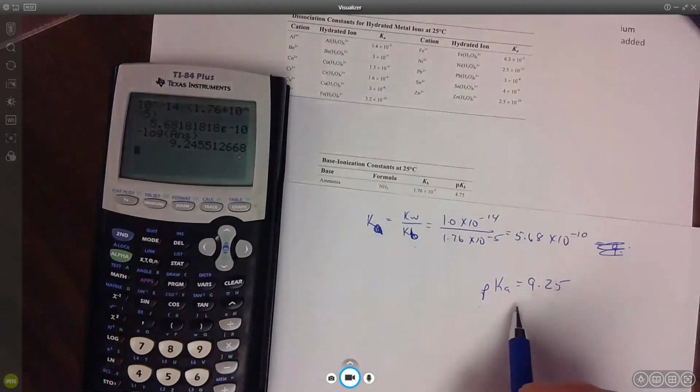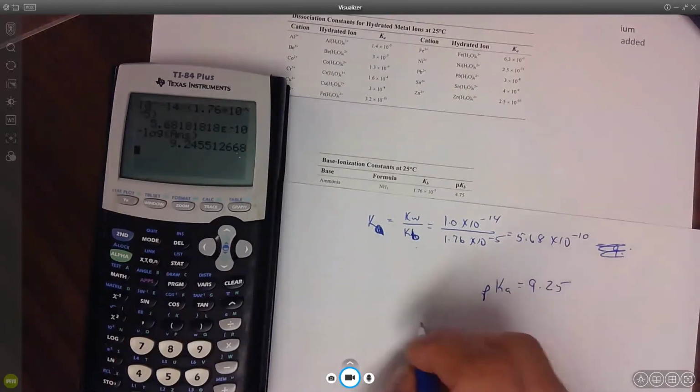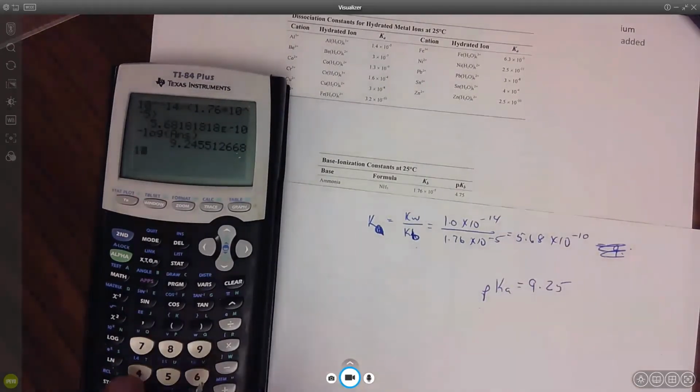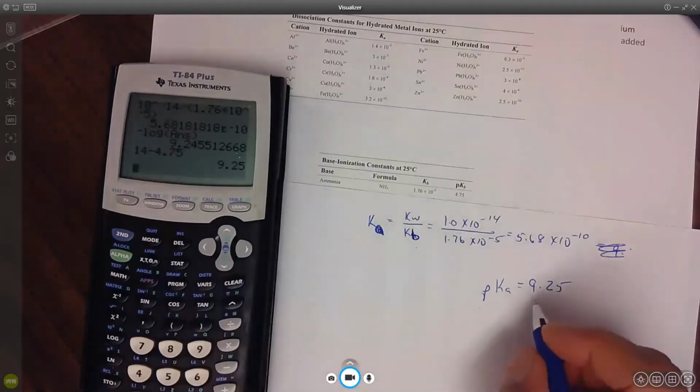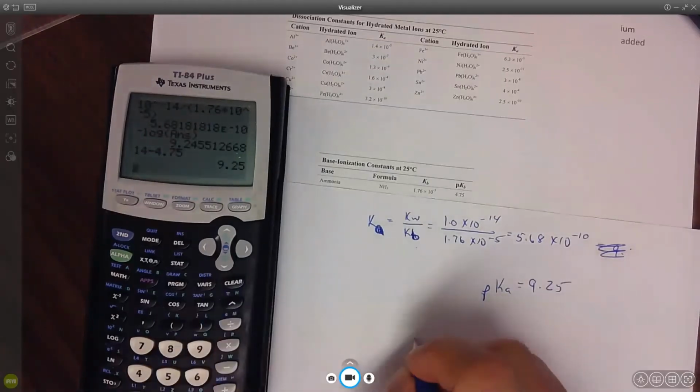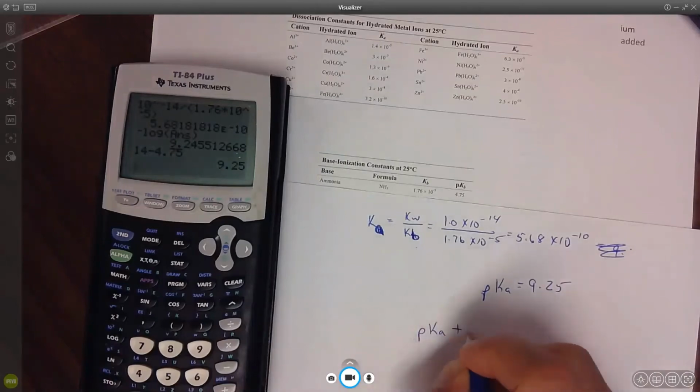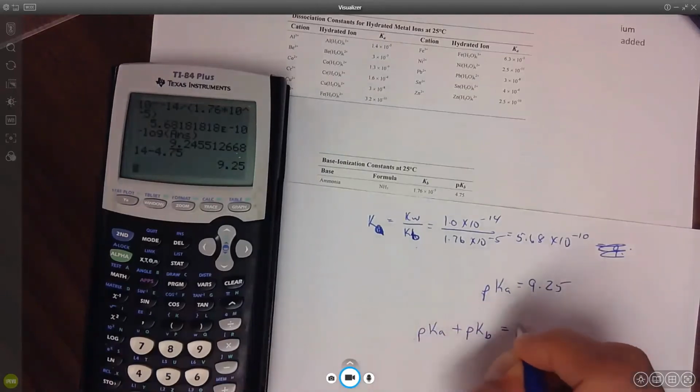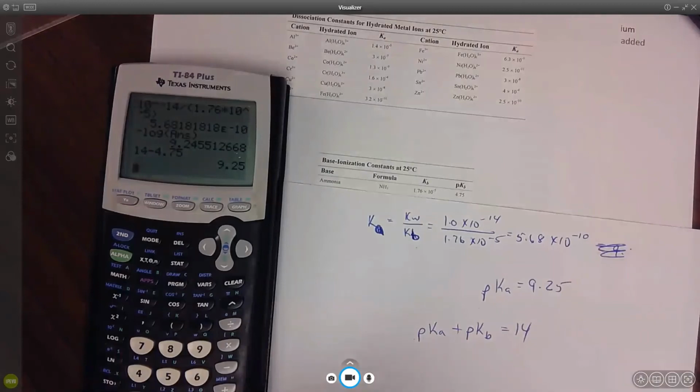So an easier way of doing this would have been if I simply take 14 minus 4.75, look, I get the exact same number. So pKa plus pKb is actually equal to 14.